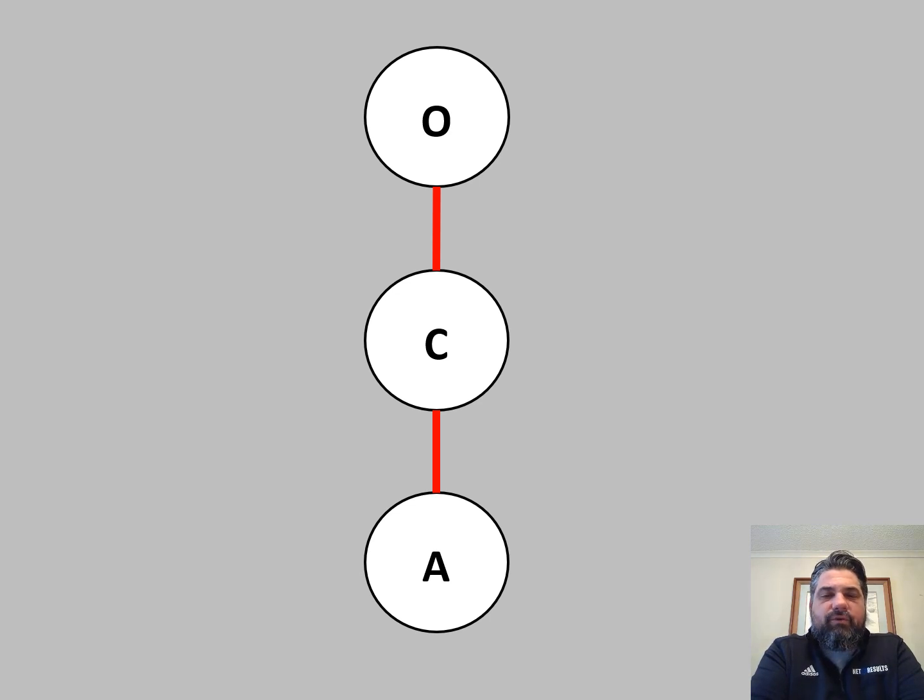So this is the most straightforward diagram for design build. So as you can see, there's a contract between the owner and the contractor. And then the contractor contracts the design team. And so as you can see here, the design team is one party away from the owner.